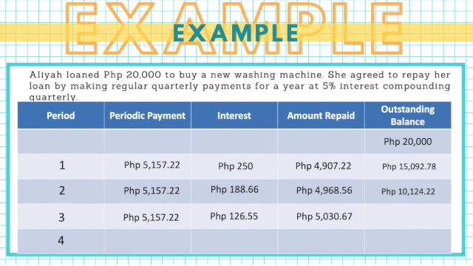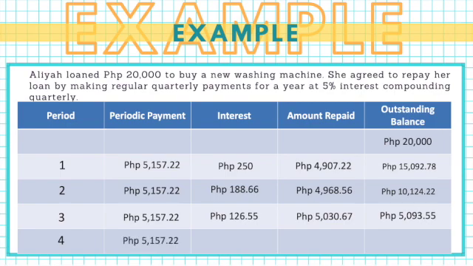We subtract 5,157.22 minus 126.55, which gives us 5,030.67. So the outstanding balance for the third period is 5,093 pesos and 55 centavos, which is gotten from subtracting 5,030.67 from 10,124 pesos and 22 centavos.